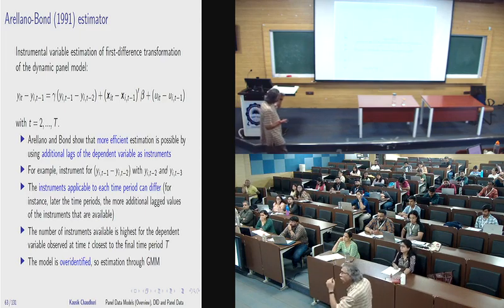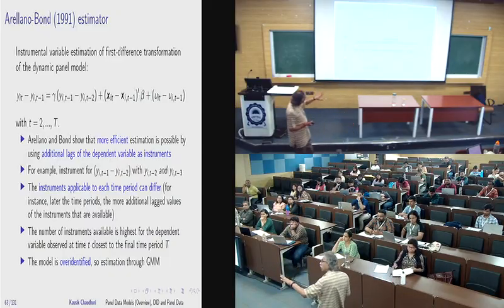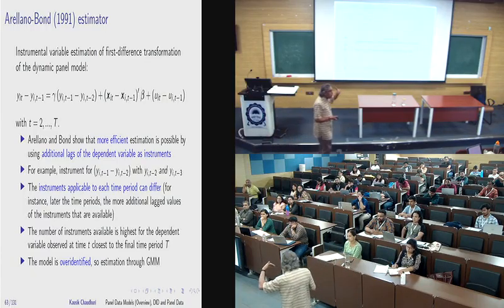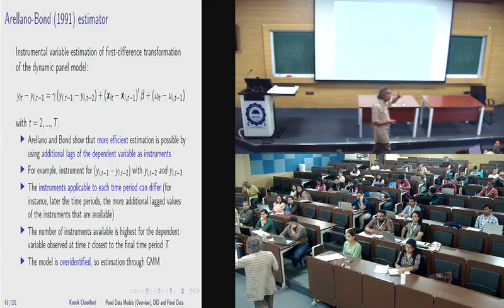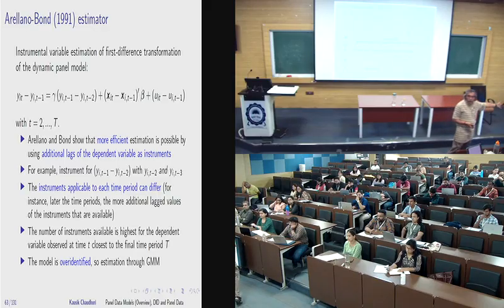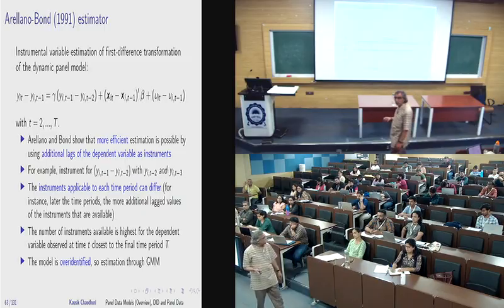The instruments applicable to each time period can differ. For instance, in later time periods, I can use more additional lags, right? So I can use yit minus 3, yit minus 4, and go up to yit minus capital T, right? And I can also use their successive first differences as instruments.